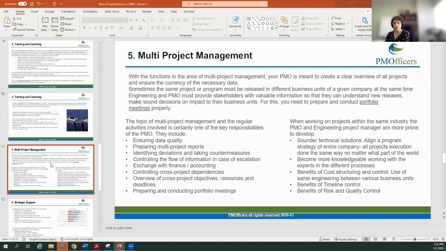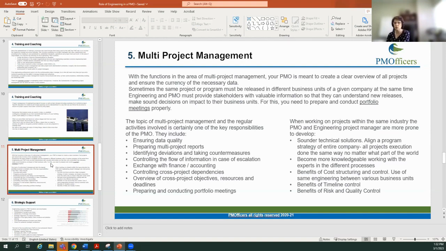So an example could very easily be strategic projects. If a company would like to develop a new product and launch it in various business units, and if that requires new capital, for example, then that capital project potentially has to be multiplied at the same time in various parts of the world.